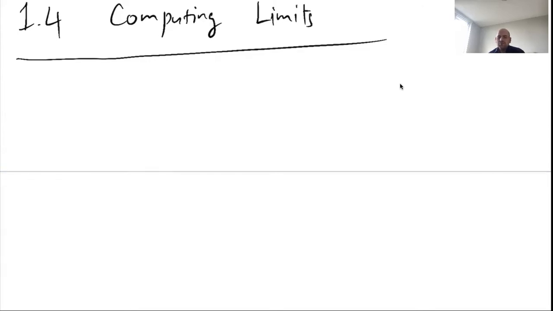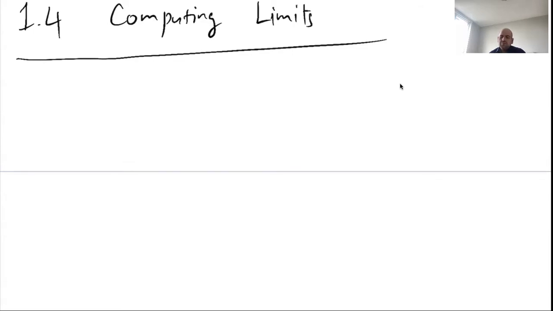So that's one approach, but it's time consuming. For example, let's say you want to find the limit of f of x as x approaches 2. You have to find f of 2.1, then 2.01, 2.001, and so on. At the same time, you have to look at f of 1.9, 1.99, 1.999, and so on. So it's time consuming.